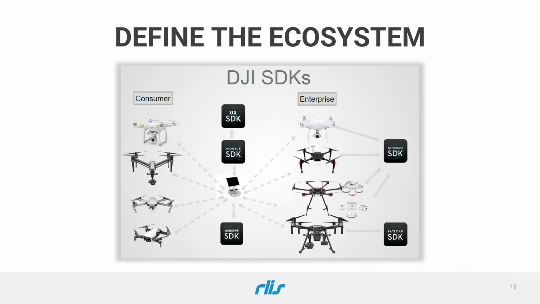But if you wanted a methane sensor or a Geiger counter or something, you now have the ability to connect that and plug it into the M210 and the M300, which I think is just amazing. The custom DJI drone abilities that the Payload SDK gives us are just great.